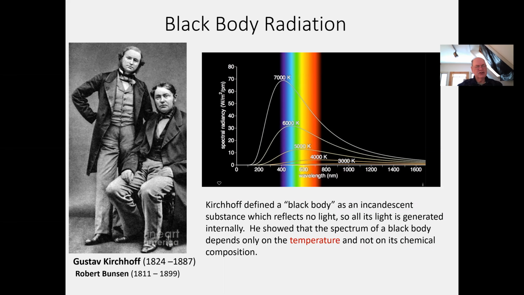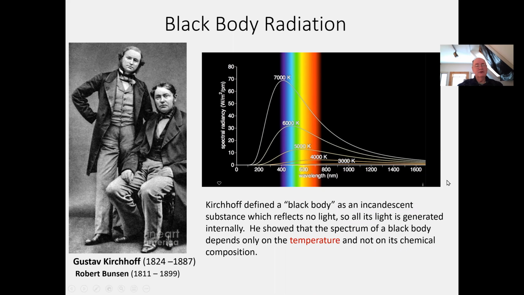That's where the strange expression black body comes from. It's a body which is only giving off light, it is not reflecting light. A good example of that would be a star, the sun. The sun does not reflect light, okay? It only gives off light due to its temperature.